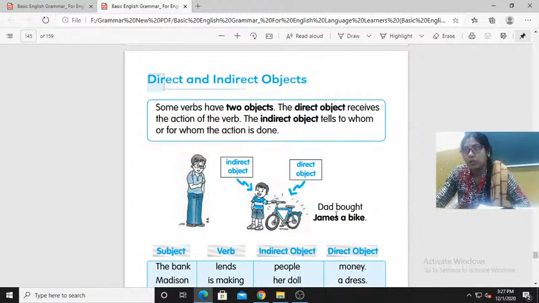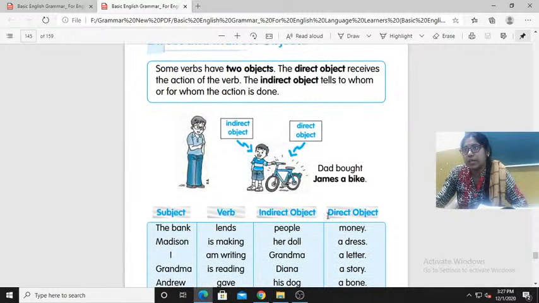So, Dad bought James a bike. See this example, you can see my cursor here. It is written, Dad bought James a bike. The direct object receives the action. So bought what? Of course, a bike. So a bike will be the direct object here, and for whom or to whom did he give this bike?